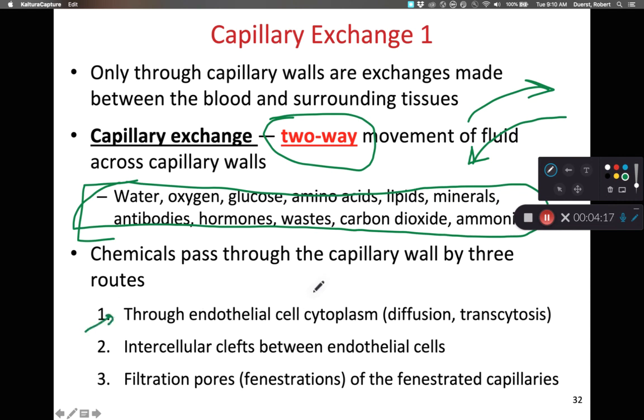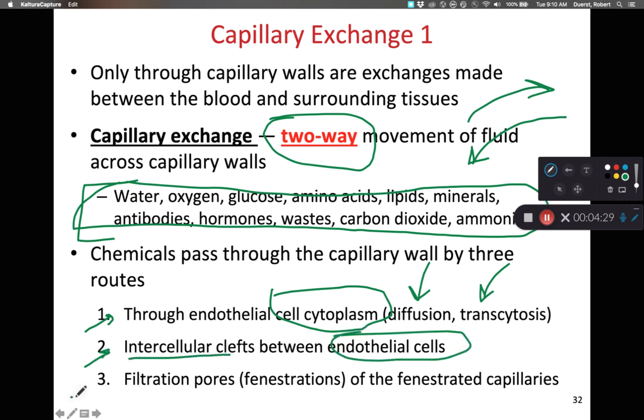They can go through endothelial cell cytoplasm, directly through the cell through diffusion or transcytosis. They can move through intercellular clefts between those endothelial cells, or through filtration pores, which are fenestrations within our fenestrated capillaries.